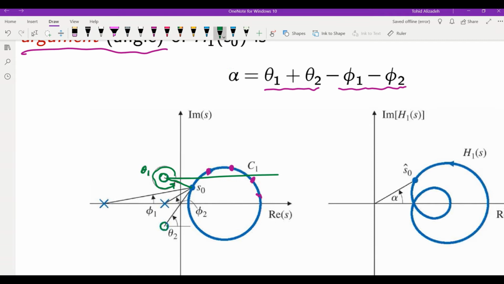Similarly, for the second zero here, we have a straight line towards plus infinity in parallel with the real axis. We have the piece of line connecting that zero to the test point S0, and here we have the θ2 angle. So for the zeros, we have θ1, θ2.